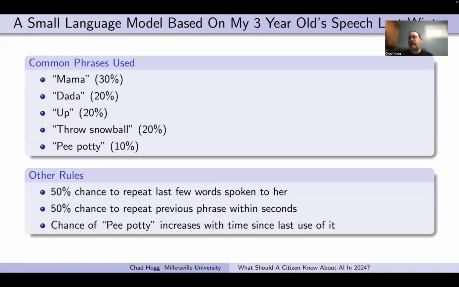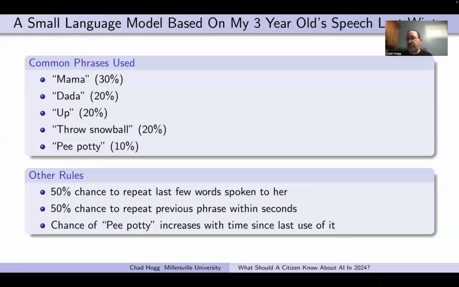But a language model can be much more complicated than that. For example, my daughter frequently repeats things that are said to her, even if they're not part of her normal vocabulary. So part of our language model could be, if you say truck, she will probably say truck. Also, she frequently repeats herself. So part of my language model is, every time that we hear mama, we then say mama, mama.